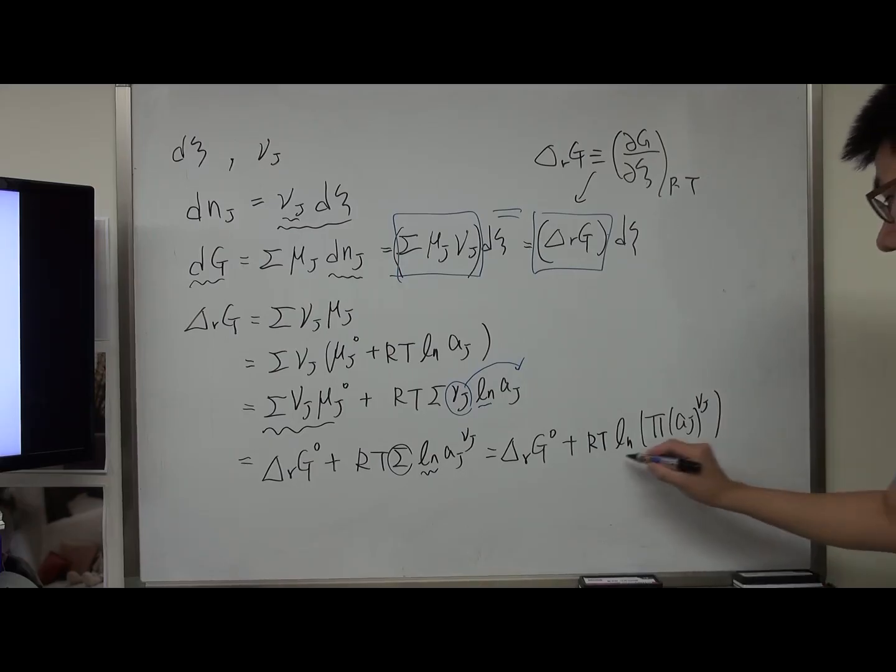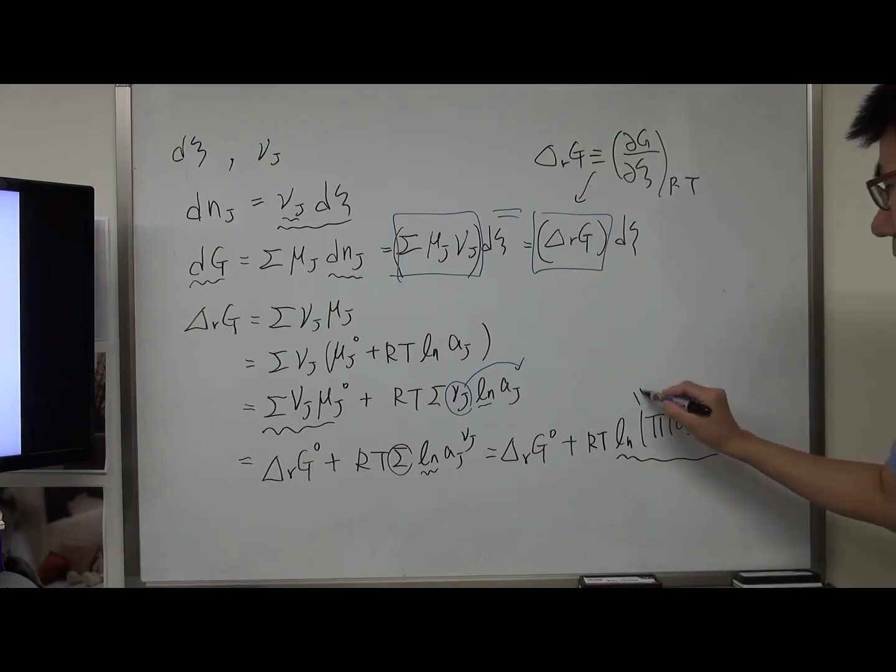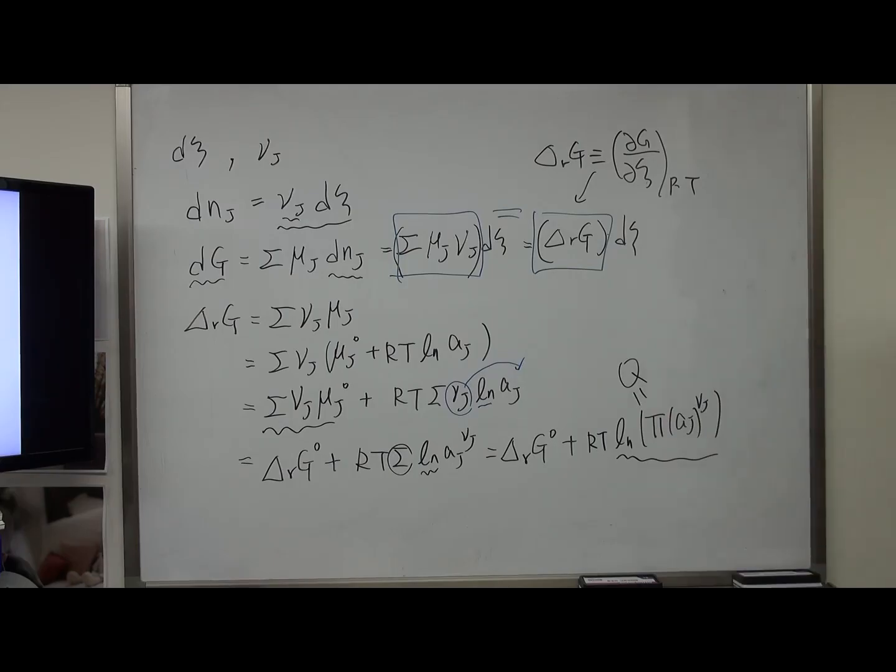And this part is basically the same as Q, right? So you derived the relation between chemical equilibria and reaction Gibbs energy.